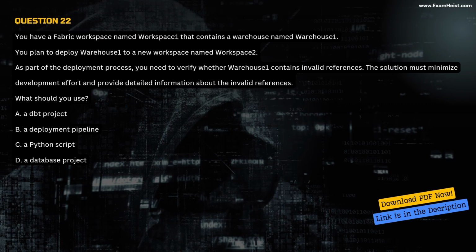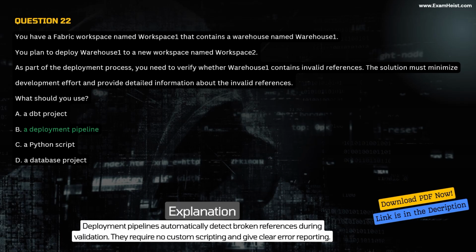A. A DBT project. B. A deployment pipeline. C. A Python script. D. A database project. Correct answer B. A deployment pipeline. Explanation. Deployment pipelines automatically detect broken references during validation. They require no custom scripting and give clear error reporting.